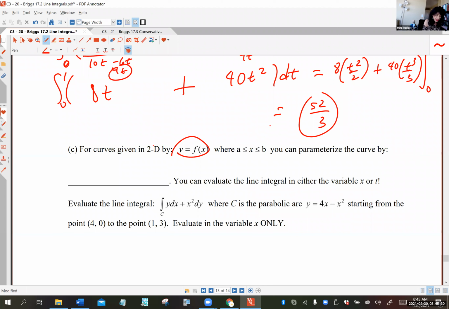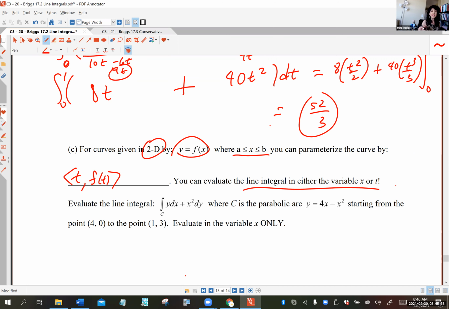So say you're given a curve in 2D, so it's going to be a 2D line integral, and you're given x goes from a to b. You can parameterize the curve by just letting x be t, I told you that, for functions of x, and y be f of t. And it turns out you can evaluate the line integral in either the variable x or t, although traditionally, as you saw, I like all line integrals to be in terms of t.